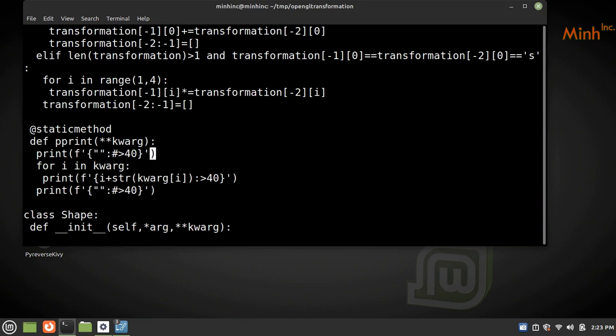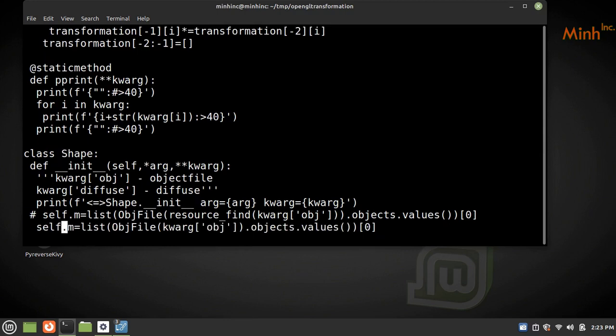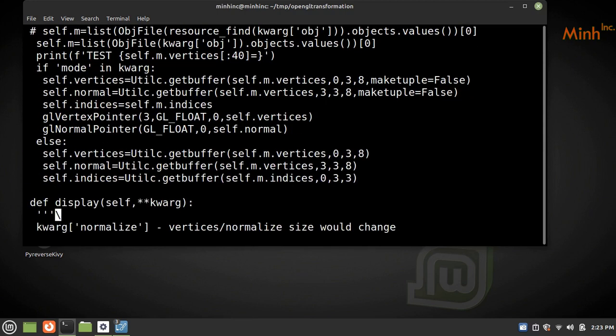Pprint, and then we have another class called shape, so we have imported this also, and shape is in two ways. One is the normal way, and one is if we are using draw array.